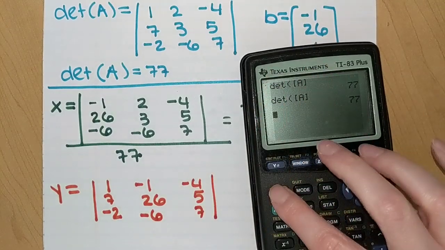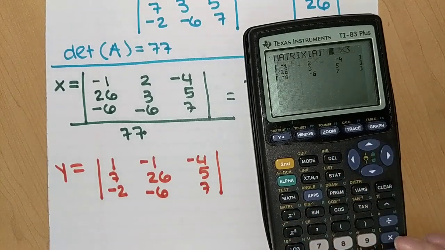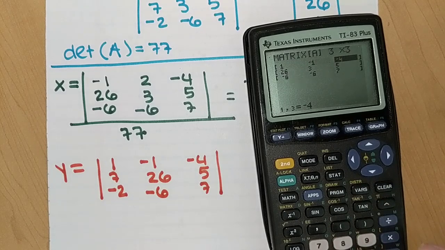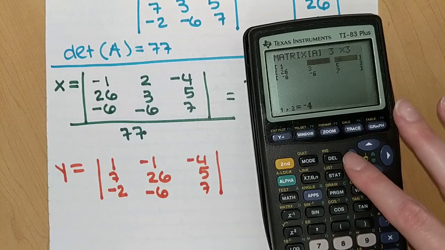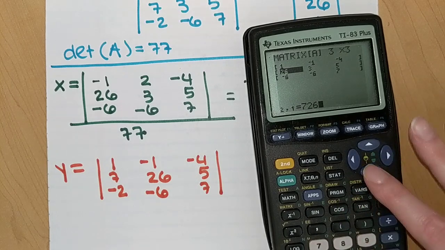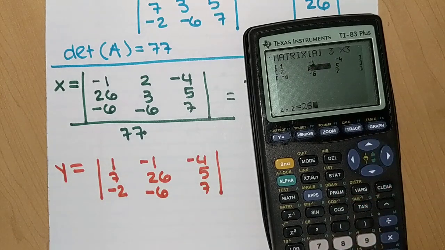So again, here is where you want to go second matrix, go over to edit, and then do your 1, -1, and remember -4, 5, and 7 has not changed at all, so really you don't have to edit column 3. So you just have 7, 26, 7, 26, and then -2, -6, and 7.